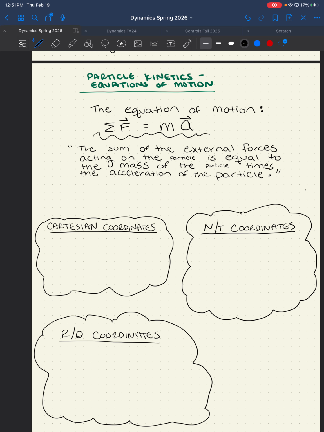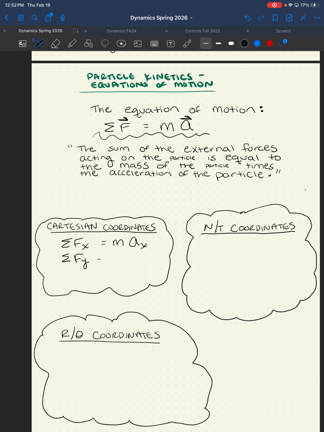Okay, so if we were to break up this vector equation, notice my vector arrows. Vector arrows belong on the force and the acceleration, not on the mass. It's a scalar. If I were to break this up into components, one for each of the Cartesian coordinate directions, I would have that the sum of forces in the x direction is equal to mass times the acceleration in the x direction.